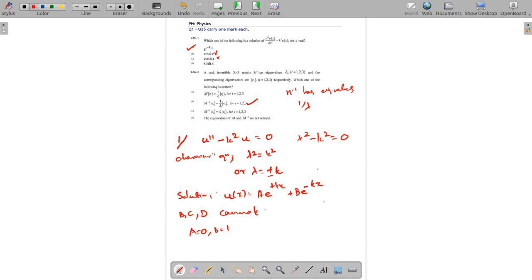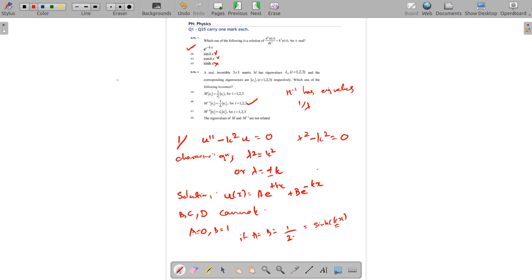So actually you can make it sinh kx if a equals b equals 1 by 2, then u of x will be sinh of kx, but there is no k in the option, that's why this is also wrong. So only option A is the right answer.